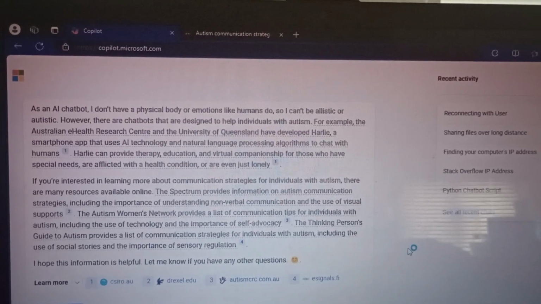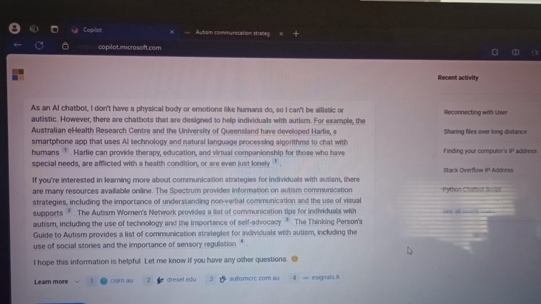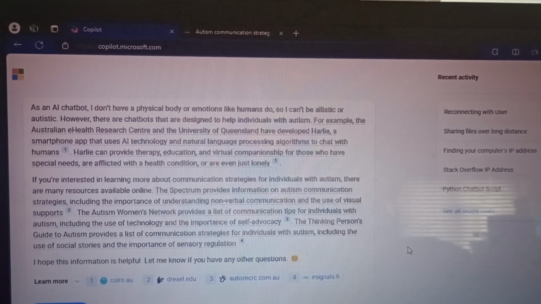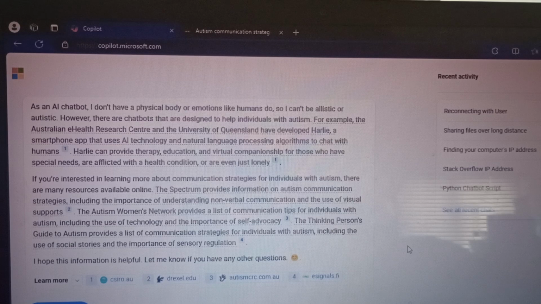As an AI chatbot, I don't have a physical body or emotions like humans do, so I can't be holistic or autistic. However, there are chatbots that are designed to help individuals with autism. For example, the Australian eHealth Research Centre and the University of Queensland have developed Harley, a smartphone app that uses AI technology and natural language to process algorithms to chat with humans.